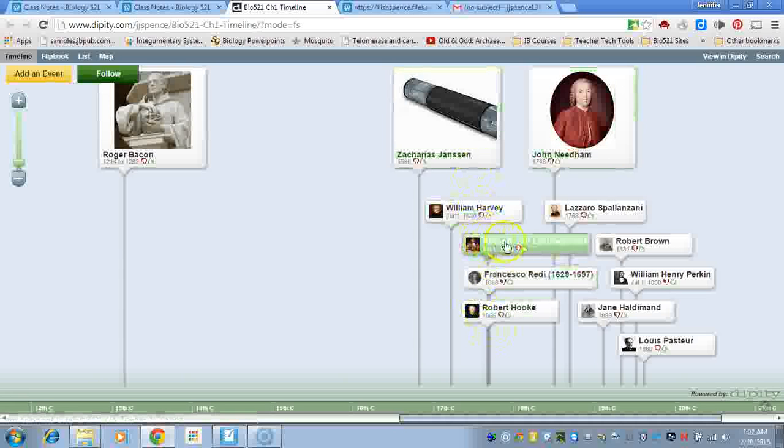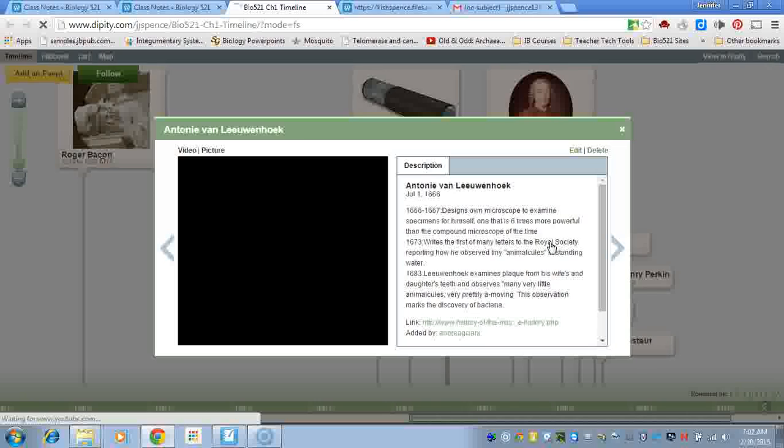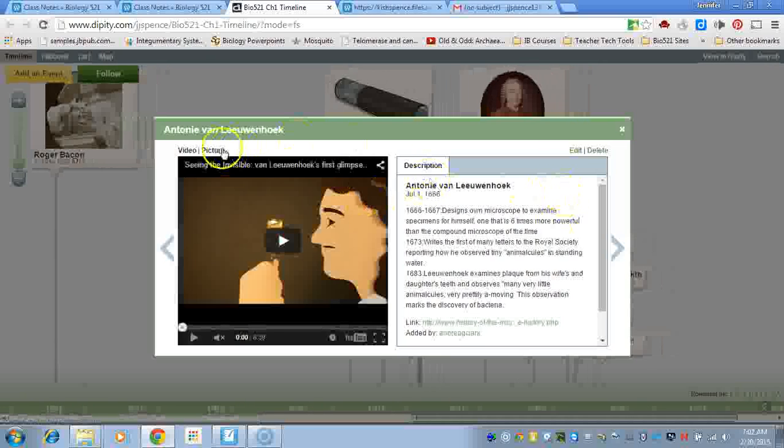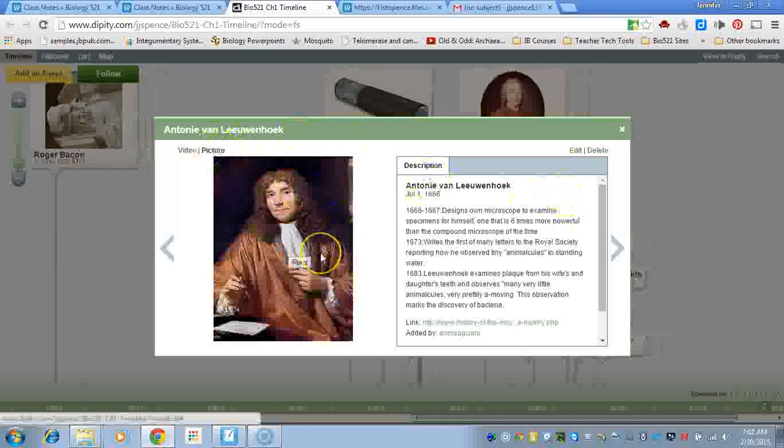After him, the next fellow that made major contributions was a fellow with an interesting name. His name was Anton van Leeuwenhoek, and he was around in the 1600s.